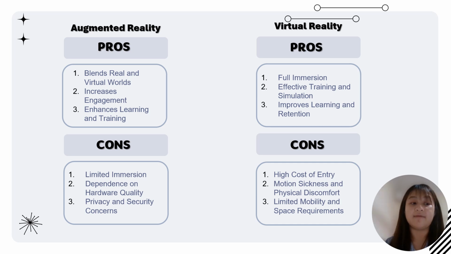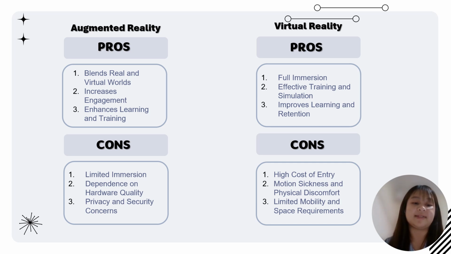The experience can vary significantly depending on the device used, such as a smartphone or tablet which has low or poor quality. Poor camera quality, low resolution screens, or limited processing power can affect the quality of AR. For example, older smartphones may struggle to handle complex AR applications smoothly.